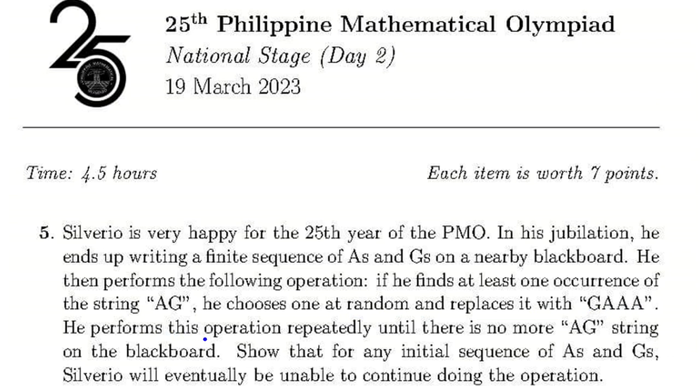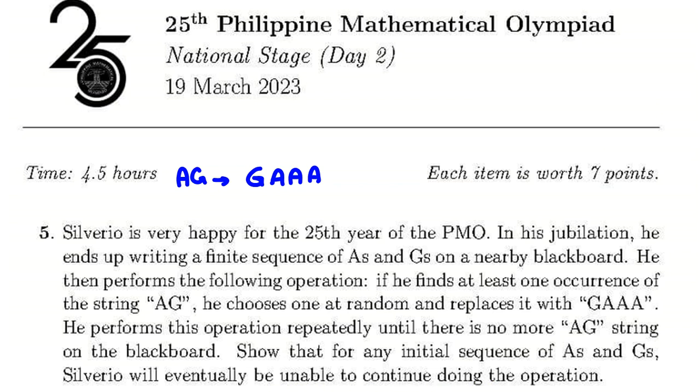He performs this operation repeatedly until there is no more AG string. So he changes AG to GAA, that is our operation. Show that for any initial sequence of A's and G's, Sileria will eventually be unable to continue doing this operation.